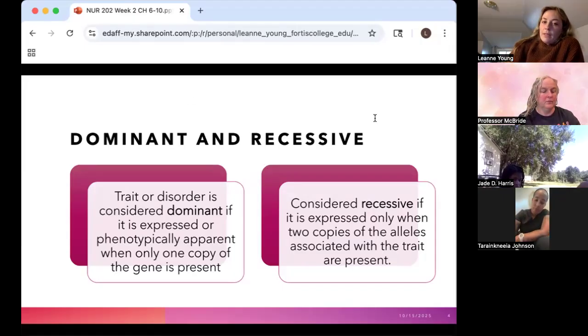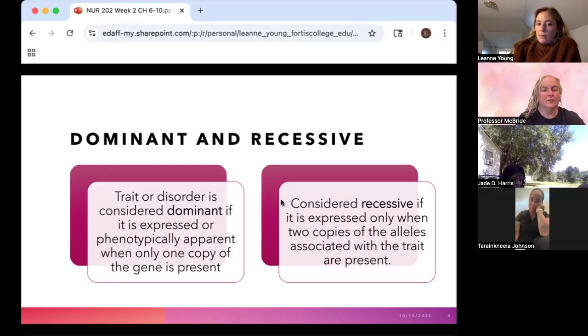And then it would be considered recessive if it is expressed only when two copies of the alleles associated with the trait are present. So traits considered recessive may be expressed even when only one copy is located on the X chromosome. This is common in males because they only have the one X chromosome. Whichever gene is present on the X chromosome determines whatever trait is expressed.